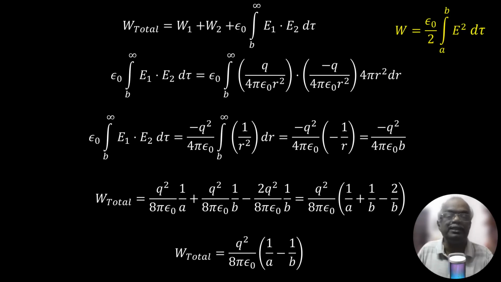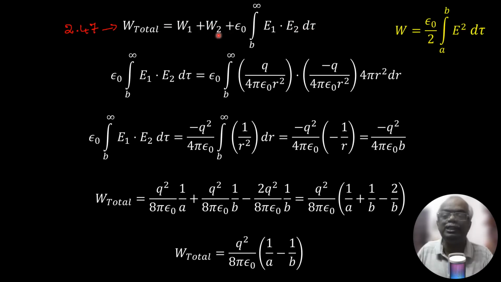Now the second problem is we have to use equation 2.47. This is equation 2.47. The total energy is equal to the energy due to sphere 1 and the energy due to sphere 2, plus epsilon naught integral from b to infinity of E1 dot E2 d tau.